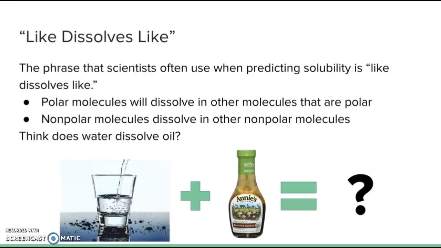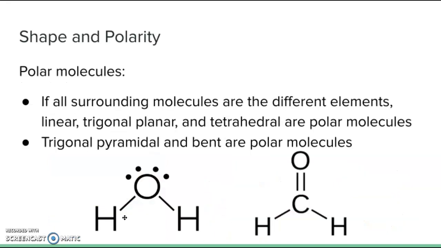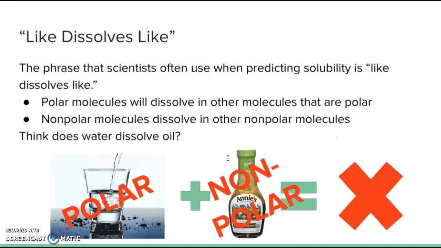If I think about oil and water, and you have probably done this before, oil and water do not dissolve in one another. The oil kind of sits on top of the water. It doesn't mix. The reason is that water is a polar molecule, my H2O. I have a bunch of polar molecules. Oil is a nonpolar molecule, meaning it has that equal, symmetrical surrounding.